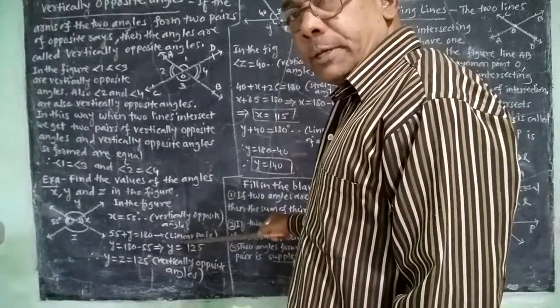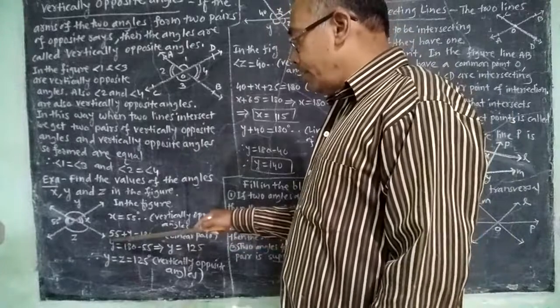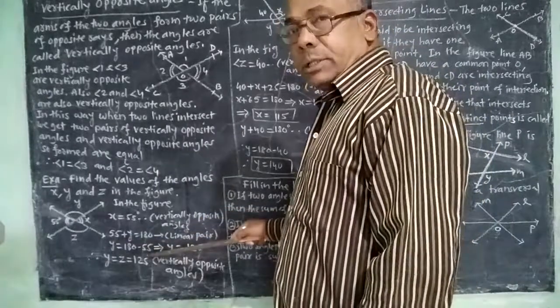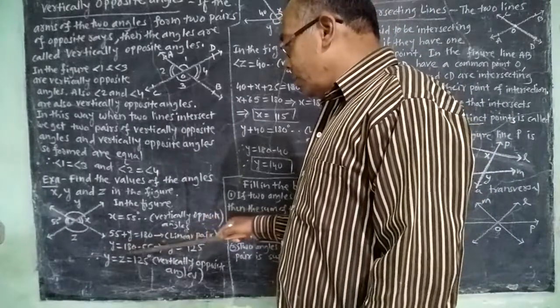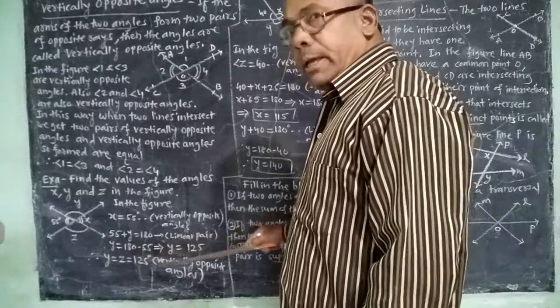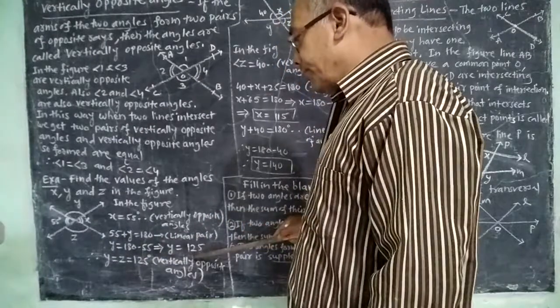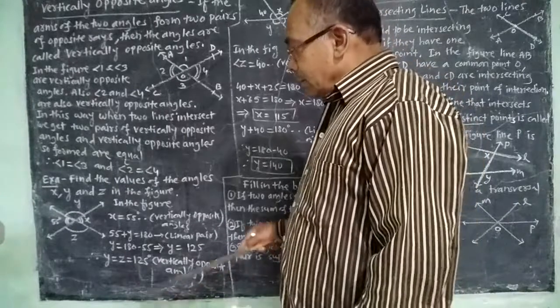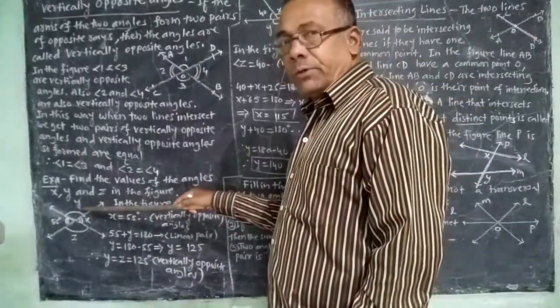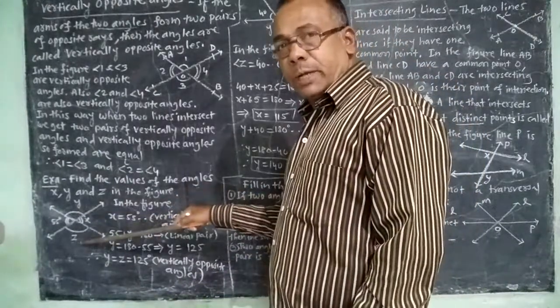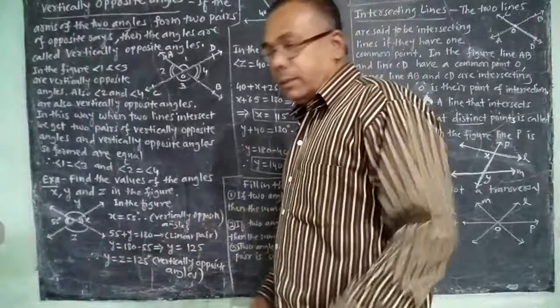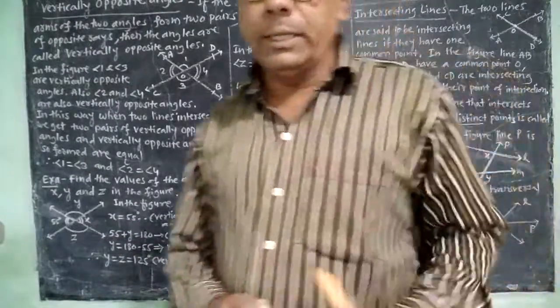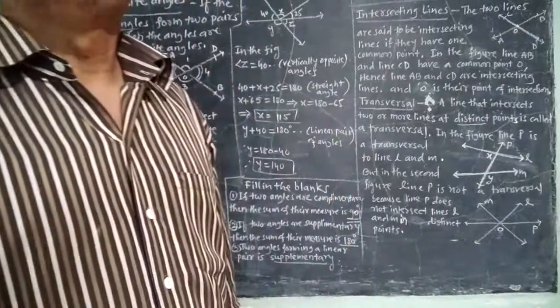Reason: linear pair of angles. If we transpose 55 to the RHS, then we get y is equal to 180 minus 55, and therefore y is equal to 125. Here if y is 125, then z must be 125 because they are vertically opposite angles.